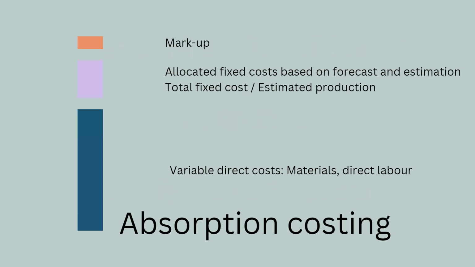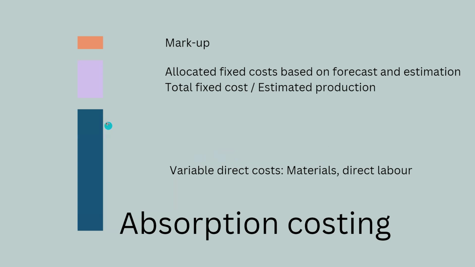Okay, so let's go into the details here. First, with absorption costing, of course we still have the first part, and most of the unit price would consist of the variable direct cost. The variable direct cost includes the material and direct labor.